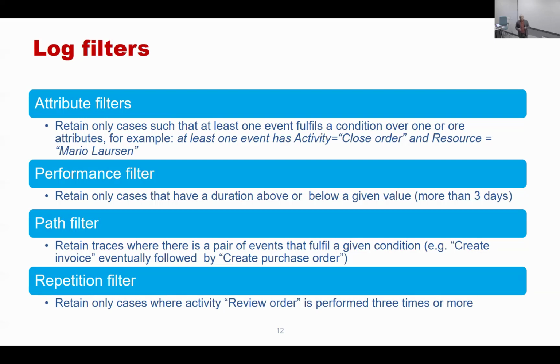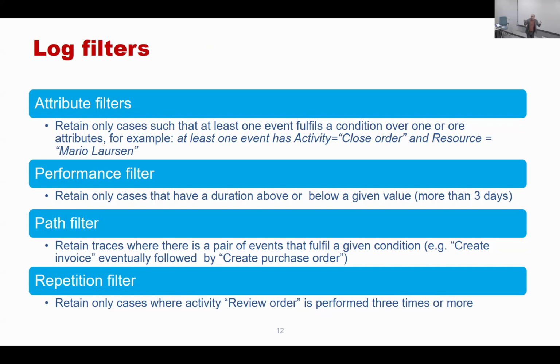Or I'm going to say, let me retain only those cases that involved a leukocytes treatment. I'm not interested in those where no leukocytes treatment happened. I'm only interested in those where there was a leukocytes test. So you can define a filter on your event log that retains only those cases where leukocytes happened and deletes all the other cases.